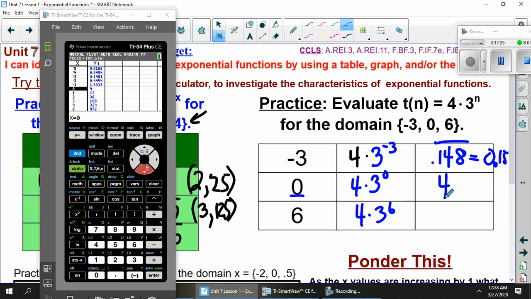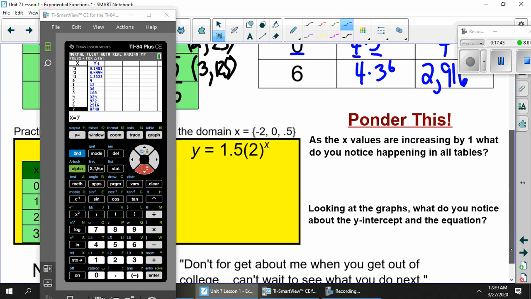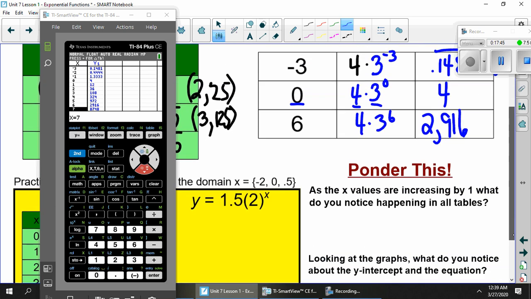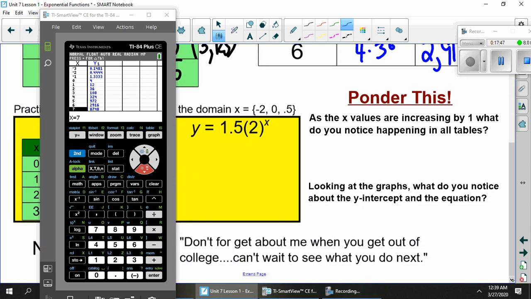It's pretty easy to see: 4 times 3 to the 0 power, and anything to the 0 power is 1. That's 4. And then I'm going to go down to 6, and it's 2,916. You see how you get your answers? Or you could input them separately and get the answers that way, but it's up to you.